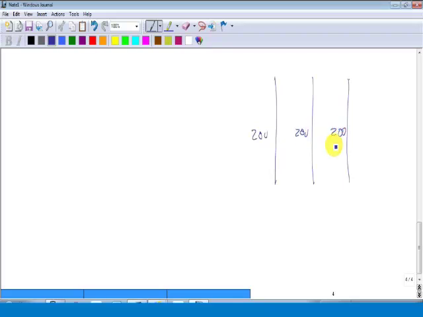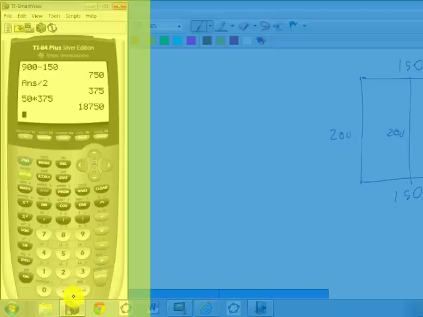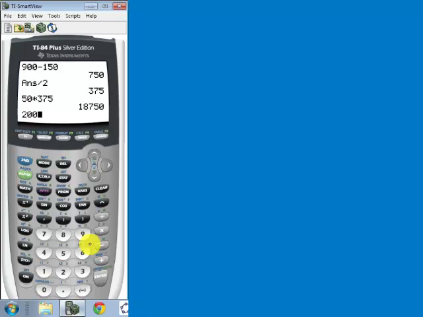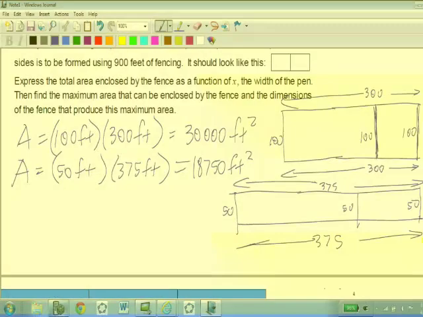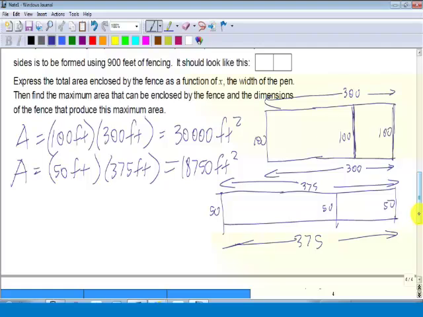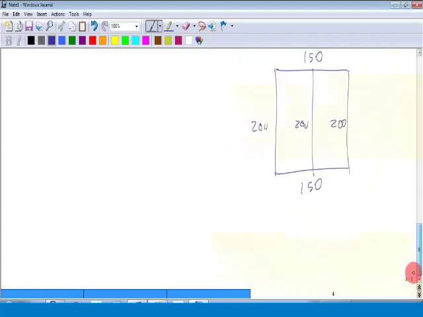That's 600, and there's 300 left, so I'm thinking just 150 and 150. How much area would that enclose? 30,000. All right, so maybe that would work about as well as our 100 by 300, but it doesn't look like it's necessarily going to just keep going up and up. If we go even wider there, I think it's going to be more difficult to enclose that area.